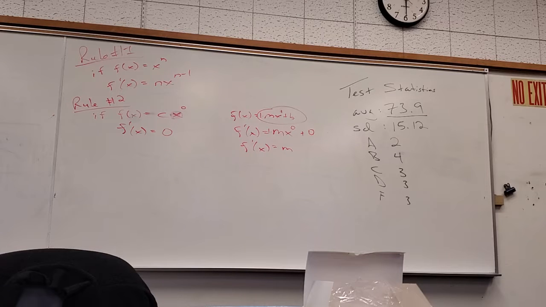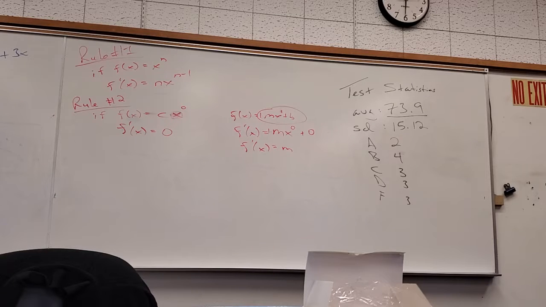So example, what if I had f of x equals x to the fourth minus 2x squared plus 3x. What would f prime be? 4x cubed minus 4x plus 3.